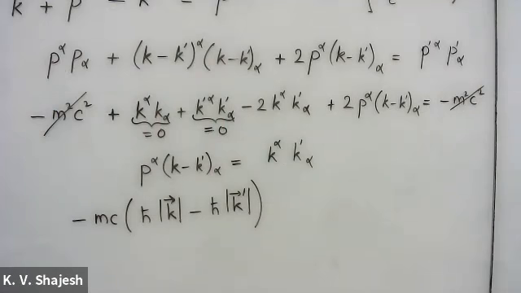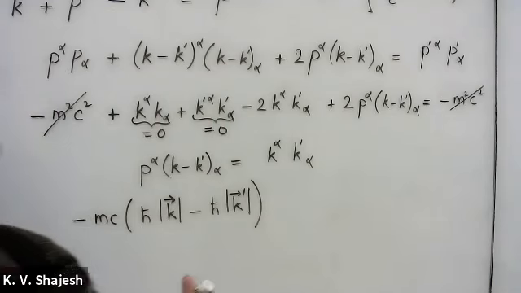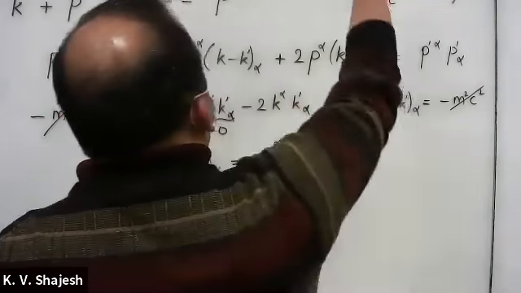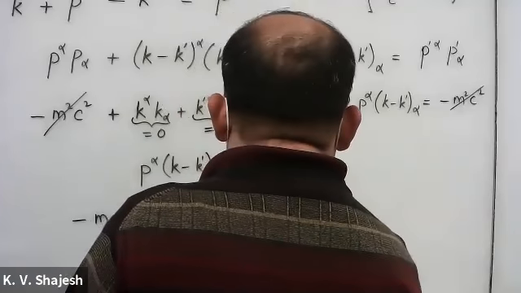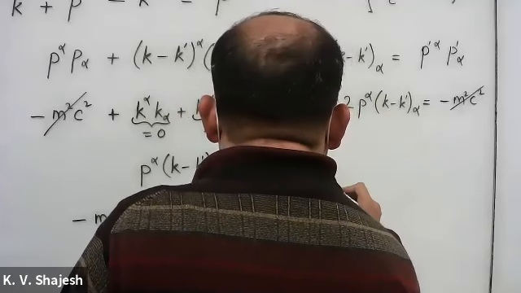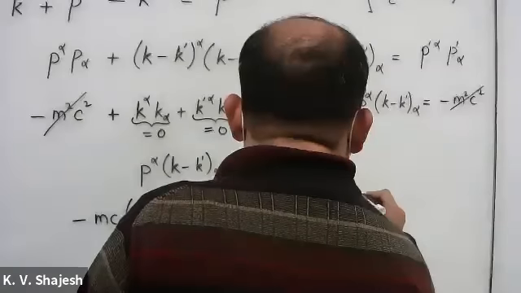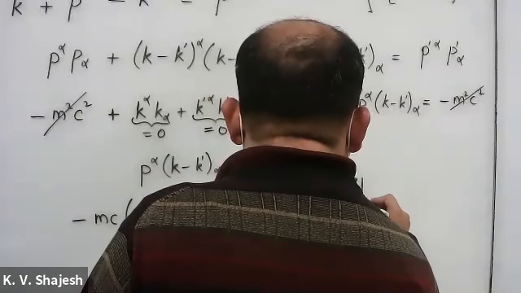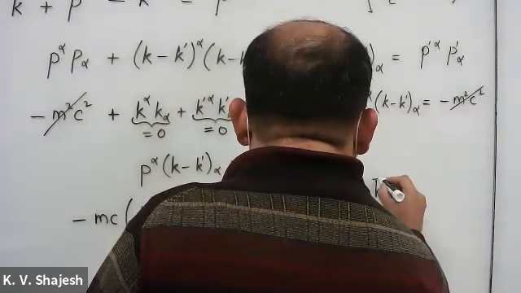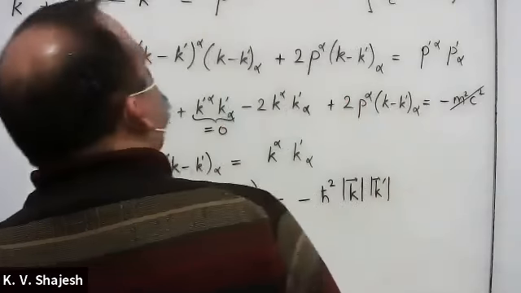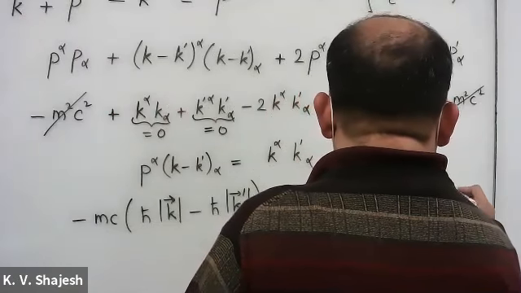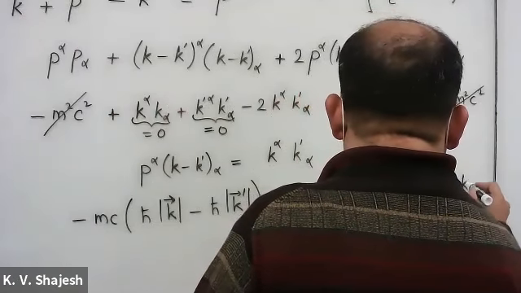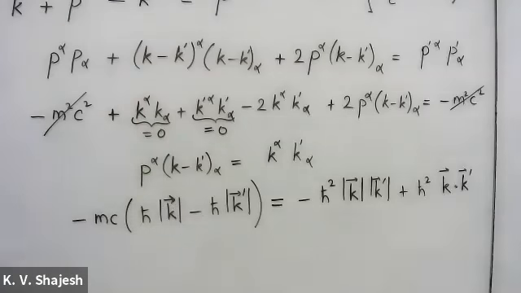What about K alpha? Here, both contribute, but they don't have the mass, so there is a simplicity in their expressions. So that's minus h bar squared times magnitude of k and magnitude of k prime, and plus h bar squared times k dotted with k prime, using the idea of a dot product between two four-momenta.